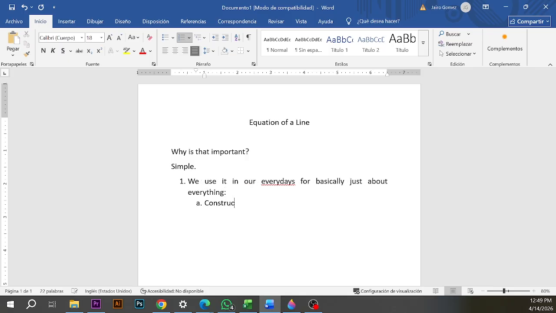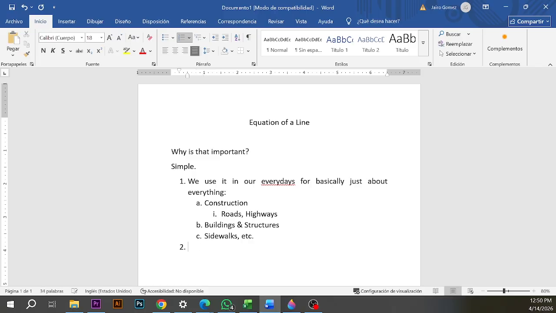So construction, such as roads, highways, they all follow a straight line. Your buildings and structures, even those sidewalks, etc., all come from a straight line.